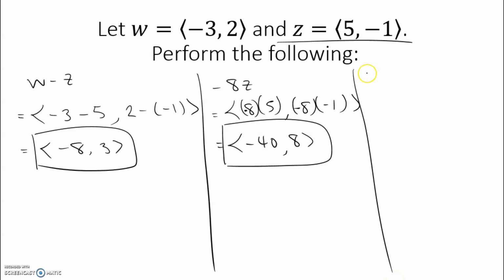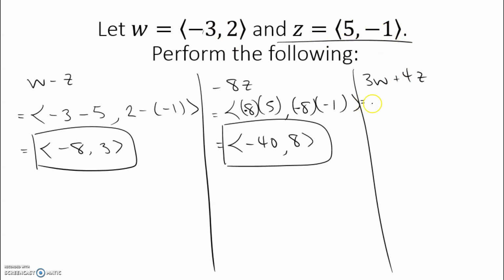The last one we'll look at for this is 3w plus 4z. For w, I'm going to multiply both components by 3, and for z I'm going to multiply both components by 4.